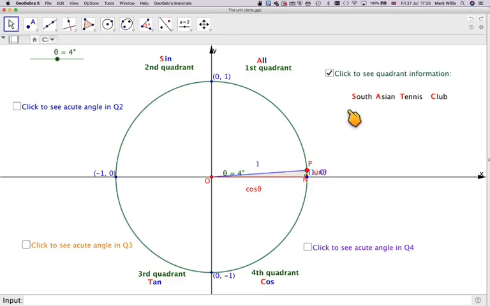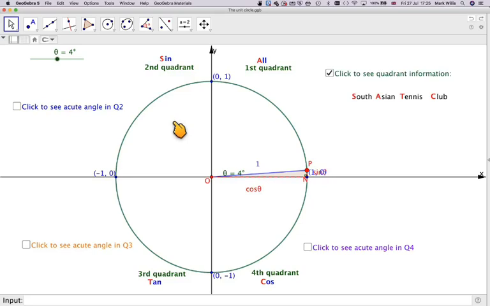A way to remember this is South Asian Tennis Club, or if you're from South America, South American Tennis Club. Some people prefer to use CAST, which you hear mentioned quite often. You just need to remember a way that gives you the letters. So in the first quadrant, all three are positive.